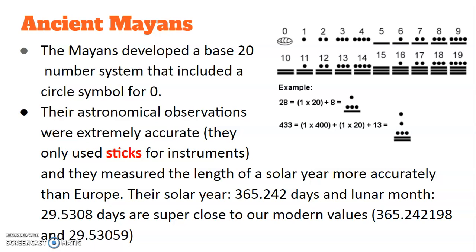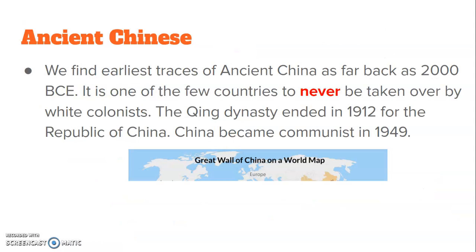And their lunar month they calculated to 29.5308 days, which is so close to what we have, which is 29.53059. They were literally off by 0.003, sorry, actually 0.002, because if you round up the 5, that becomes a 6. They were super close, right?